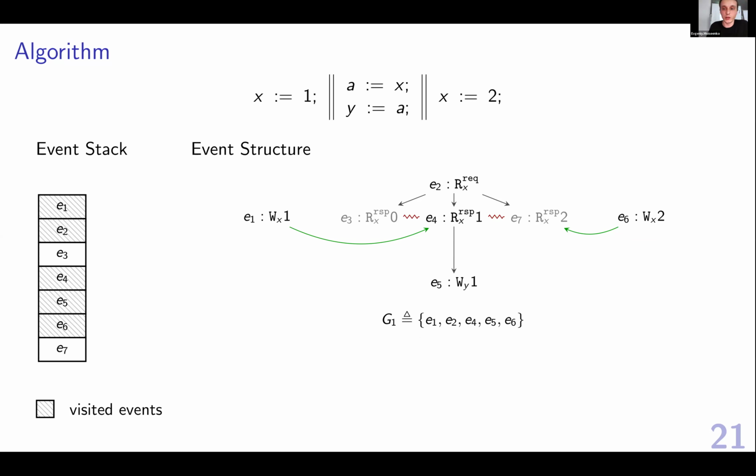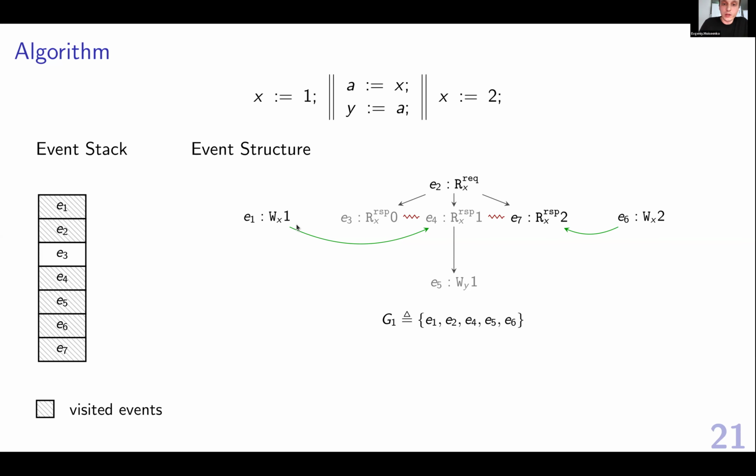Next, we look at our event stack. From the top of the stack, we find the first unvisited event. We find it and we switch to this event, and we start executing the program again, but now with this event in our current execution.